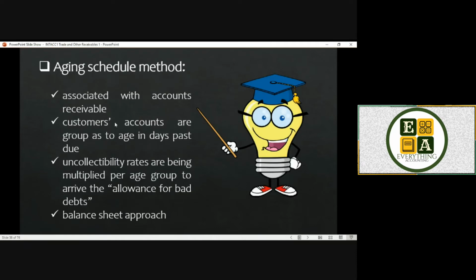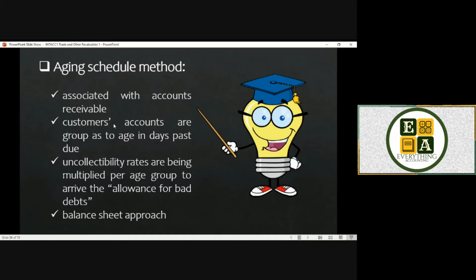So aging schedule, customers' accounts are grouped as to age in days past due. Yung requirement ng PFRS 9 for financial asset, example, yung trade receivables, we have to group the receivables into age in days past due.